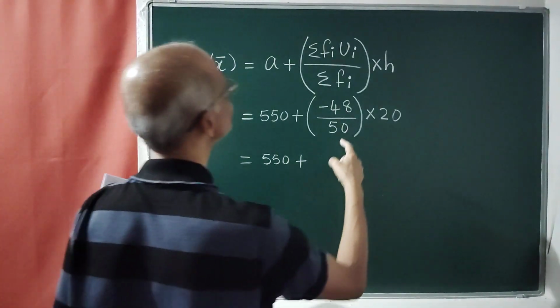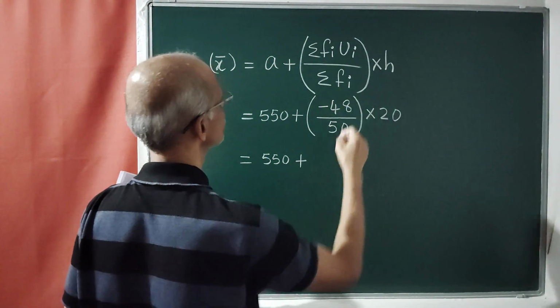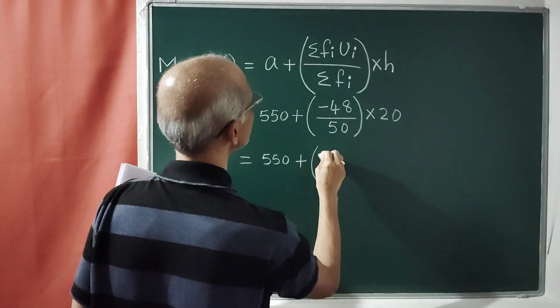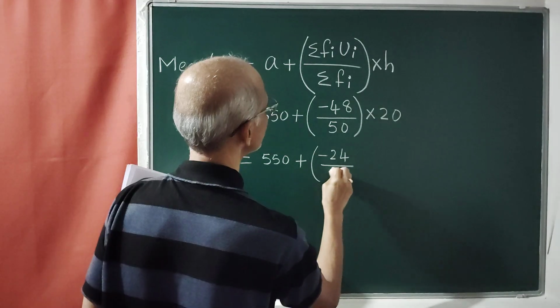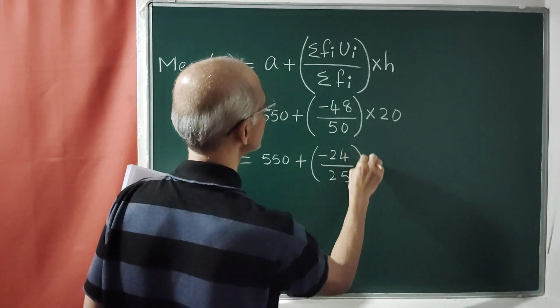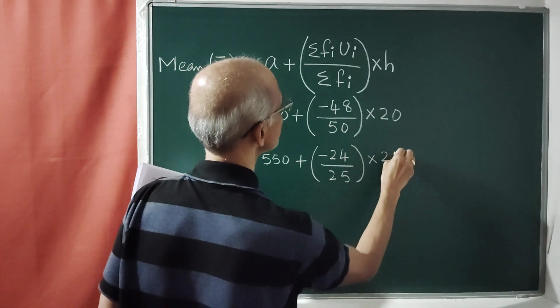Now first 2 can divide these two numbers, so we'll get minus 24 by 25 into 20.